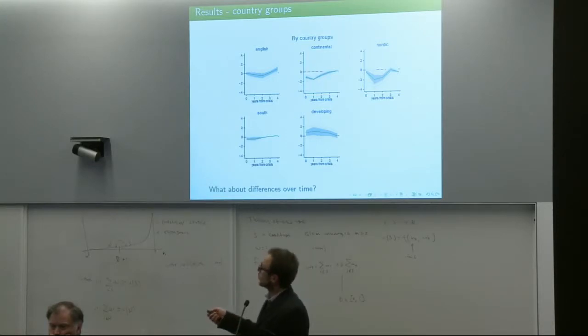What we do here is we grouped the countries according to different country groups: English-speaking countries, continental European countries, Nordic European countries, Southern European countries, developing countries. As you can see, there is a lot of heterogeneity, but the general pattern is for all the countries in the first row here, the inequality decreases following the crisis. For the developing countries and Southern European countries, inequality increases.